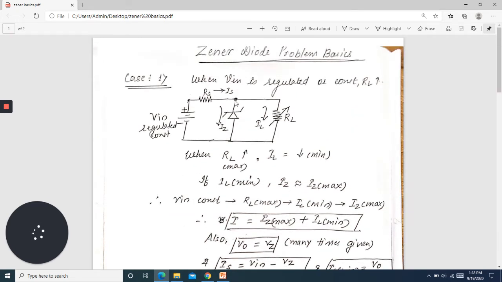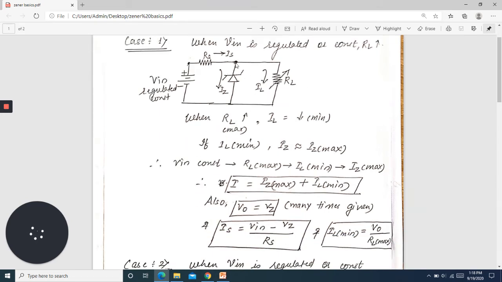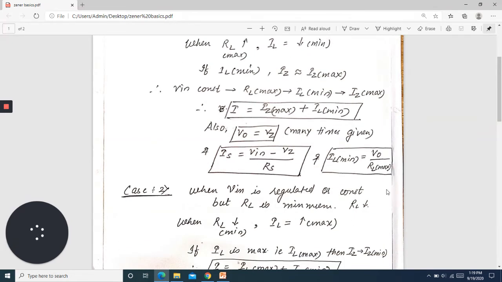IL, the load current, will be VO minus 0, because this point is the reference point, ground. So Vz minus 0 upon RL, which is VO, because Vz is VO. So it will be VO by RL. I hope you understood.